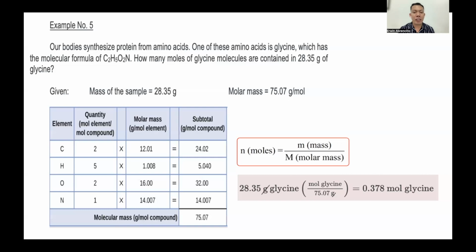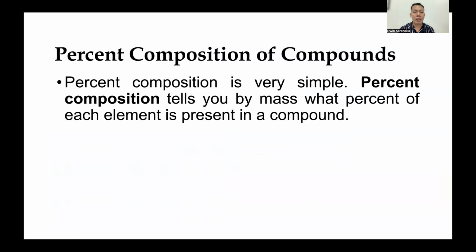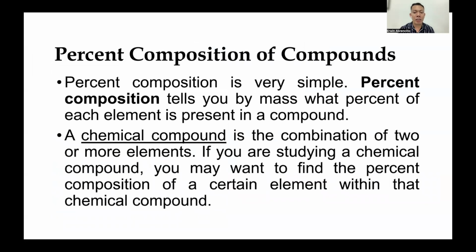So let us now move on to the next, which is percent composition of compounds. Percent composition is very simple. It tells you by mass what percent of each element is present in a compound. A chemical compound, as we all know, is the combination of 2 or more elements.